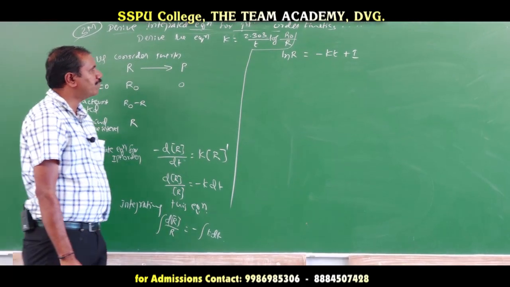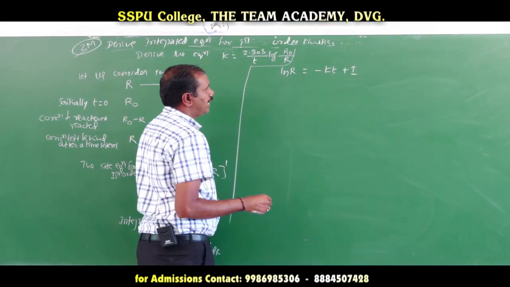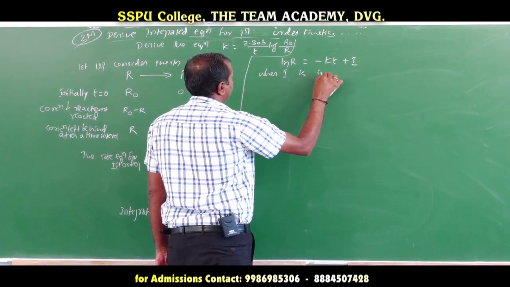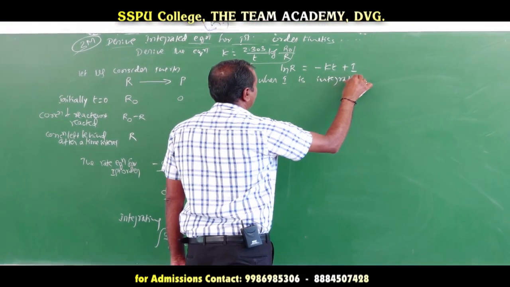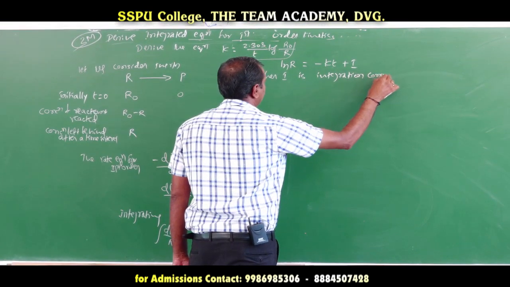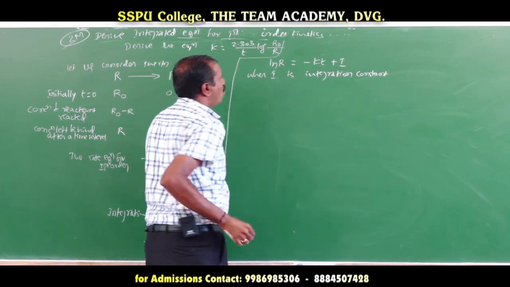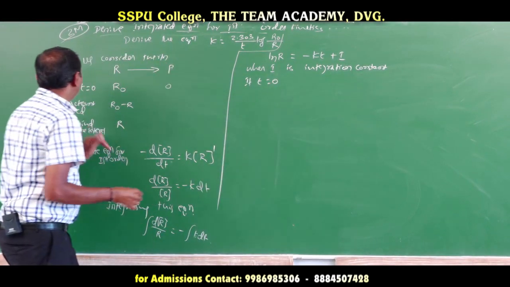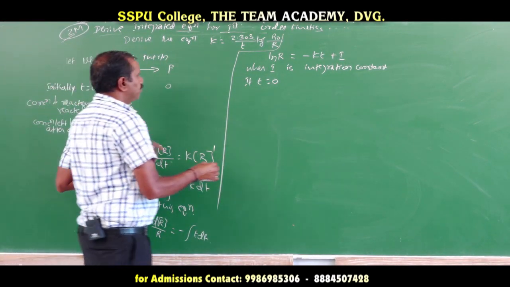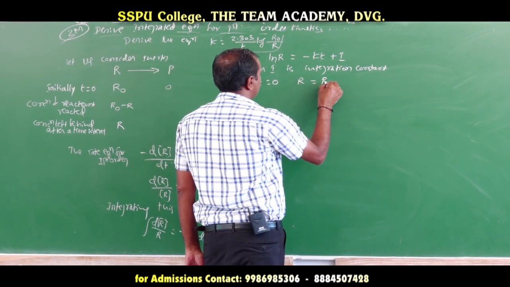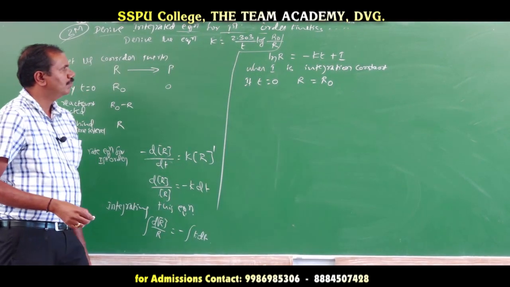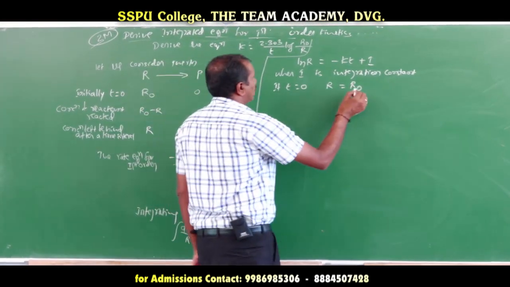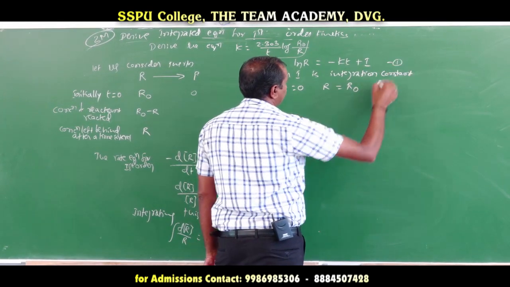The integration of k into dt is kt plus I, where I is the integration constant. How to find out the value of I? If t equals 0, when time is 0, the value of R becomes R naught. So this is equation 1.